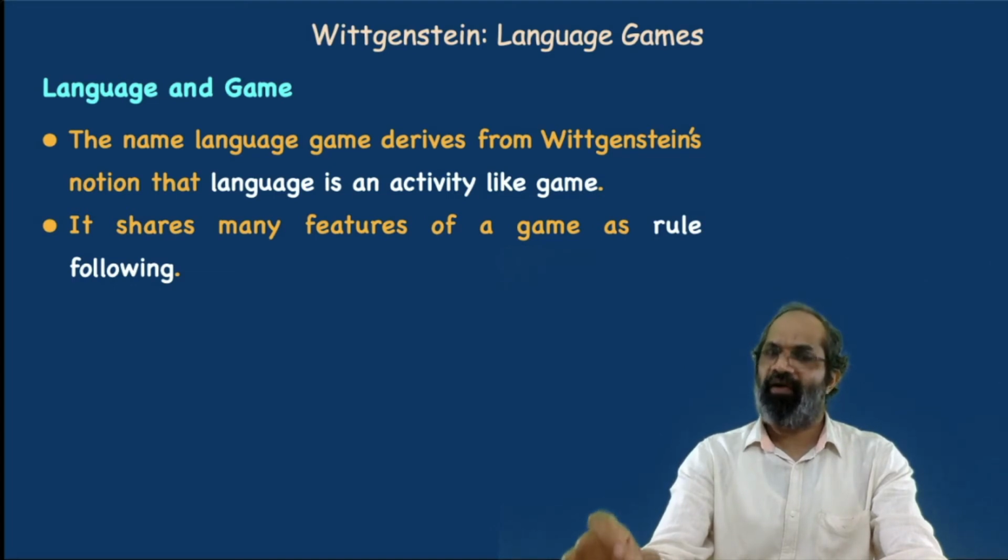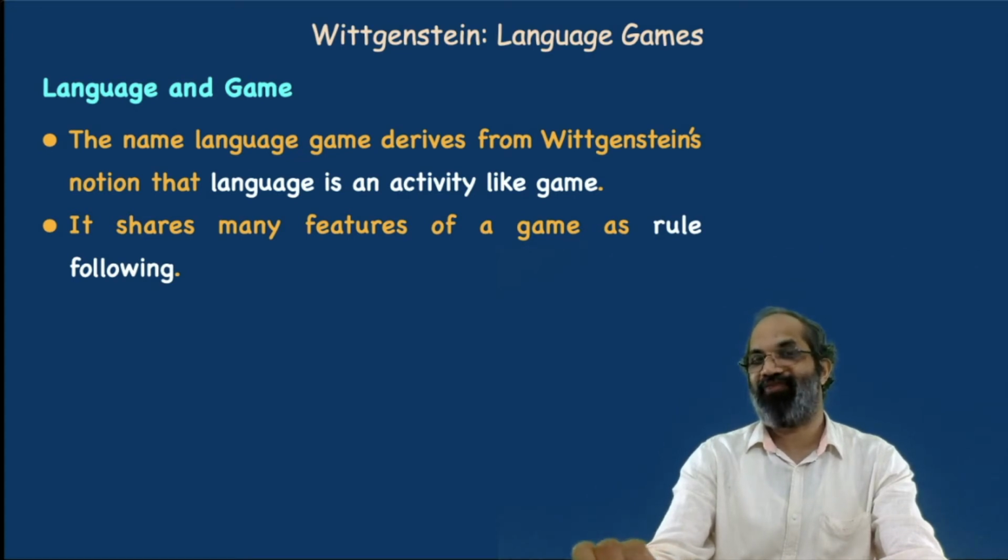But are all rule following activities games? It's very difficult to say. Driving in traffic is a rule following activity. It's a rule governed activity. You cannot drive in traffic as you like. But does the following of traffic rules make driving a game? No, it's no more a game.